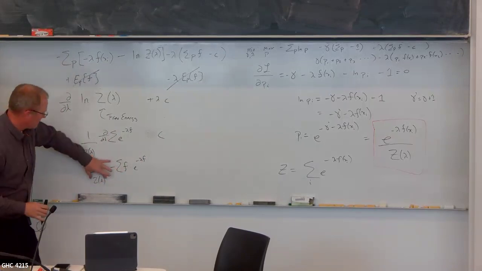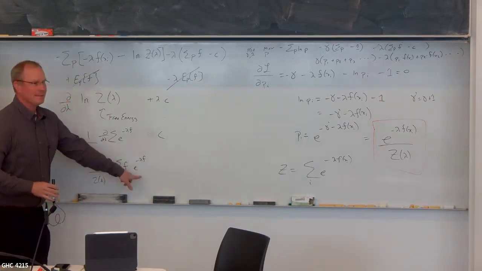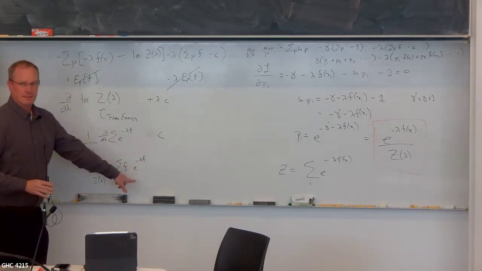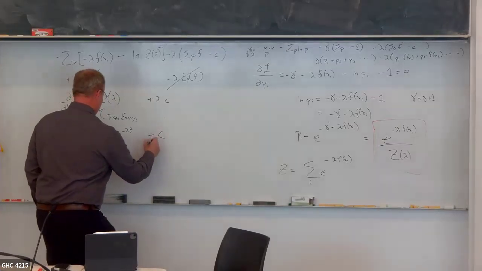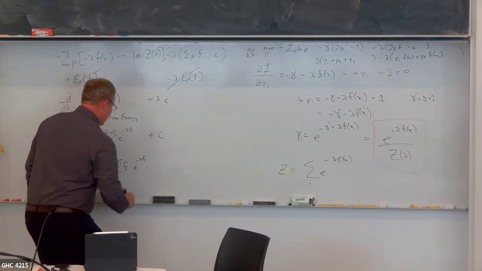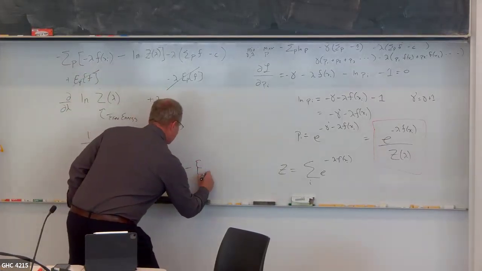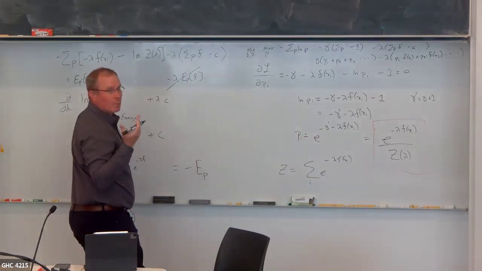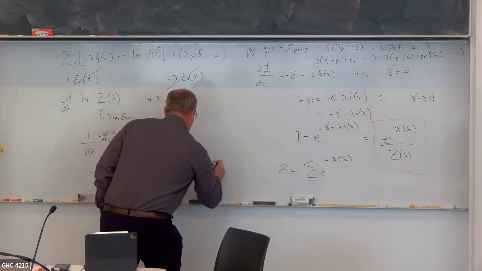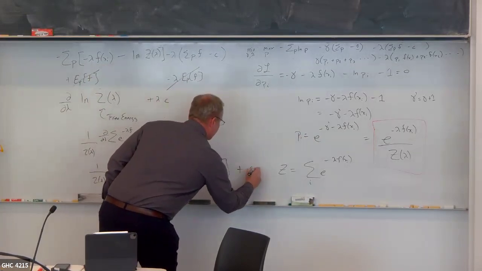Put this Z in here. Then this thing is actually the probability p again, right? So this whole thing, and then what was it? Was it plus c over here? So this whole thing is actually equal to minus the expectation under that probability distribution, for whatever our current value of lambda is, of f plus c.